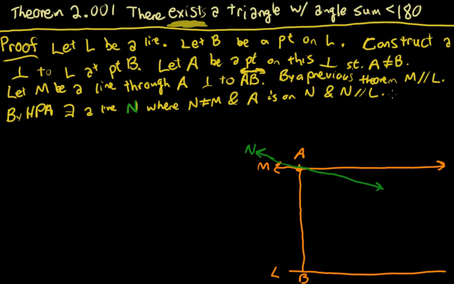So we'll say let C be a point on L such that B does not equal C. So we'll put C right here.